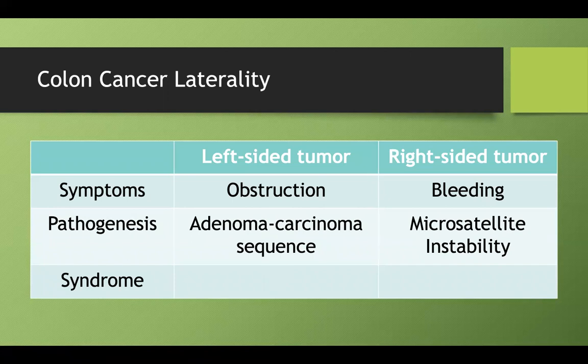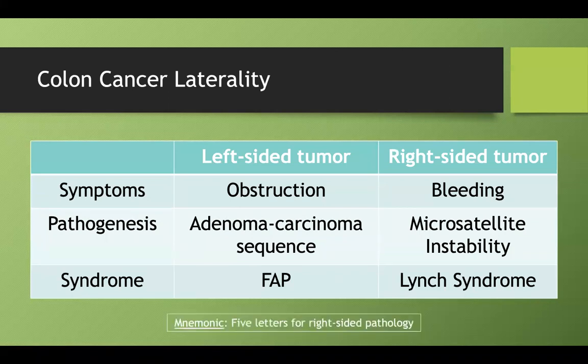I kind of give it away here, but because it's an adenoma-carcinoma sequence, it should make sense that FAP would cause more left-sided tumors, and then Lynch syndrome would cause more right-sided tumors because it's associated with microsatellite instability. My mnemonic here is I always remember that everything on the right has 5 letters in it. So right has 5 letters, bleed has 5 letters, micro has 5 letters, and Lynch has 5 letters.